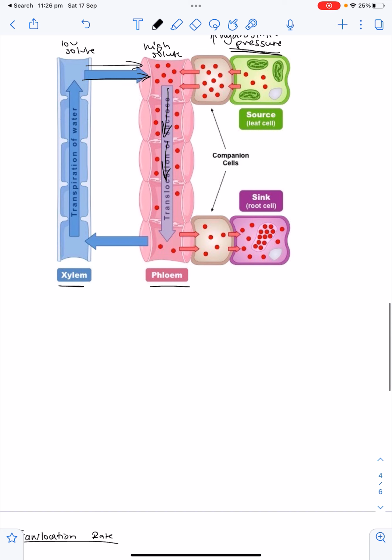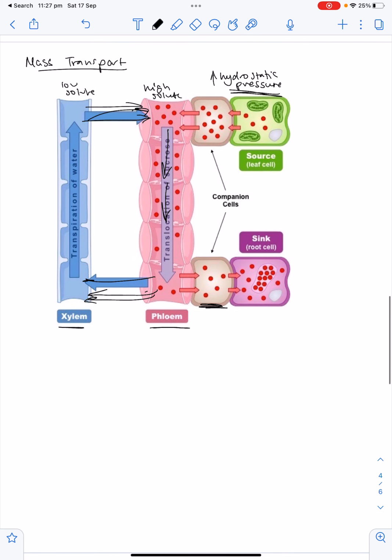So at the sink, the solutes are unloaded by the companion cells, as you can see here, and this causes the sap solution to become increasingly hypotonic, or low solute concentration. And this means that the water will begin to move back into the xylem. So it's kind of like a cycle in which water is sucked in here due to the high solute concentration and then sucked back due to the transpiration stream.